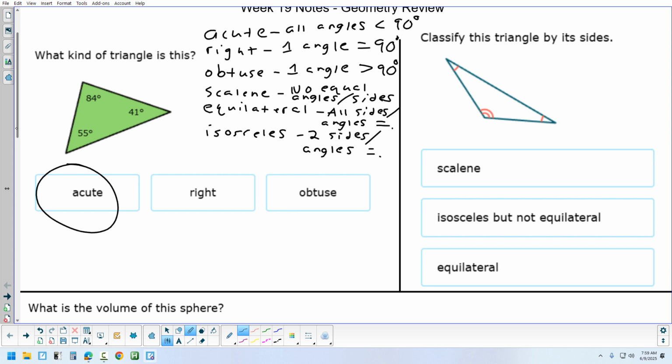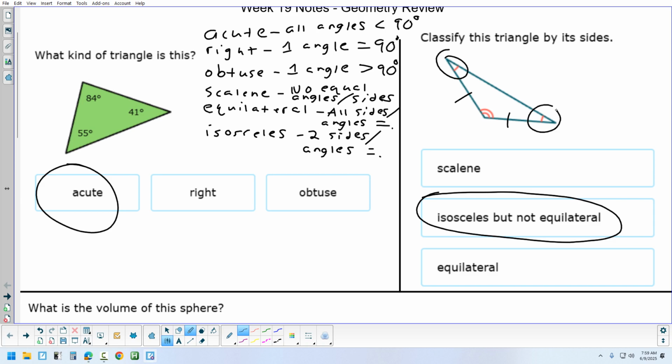Isosceles. Yeah, it's isosceles, but it's not equilateral. It does have 2 sides that are the same. This side and that side. And I know that those 2 sides are the same because these 2 angles are the same. All right, so the sides across from those 2 angles have to be the same.